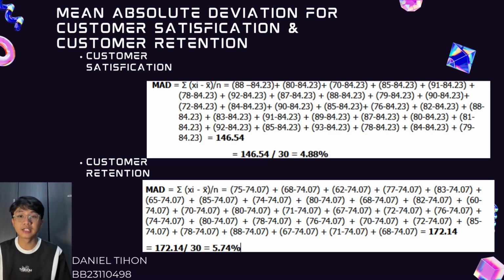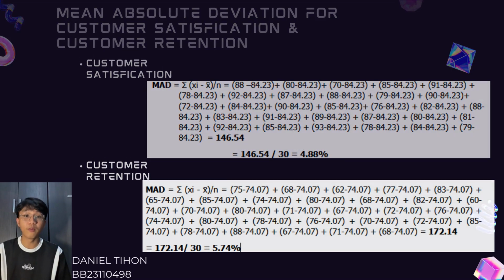This tells us that customer retention rate tends to fluctuate more than satisfaction level. While satisfaction may be relatively stable, retention seems to be affected by a wide variety of factors such as pricing, service, experience over time, or competitive offerings.